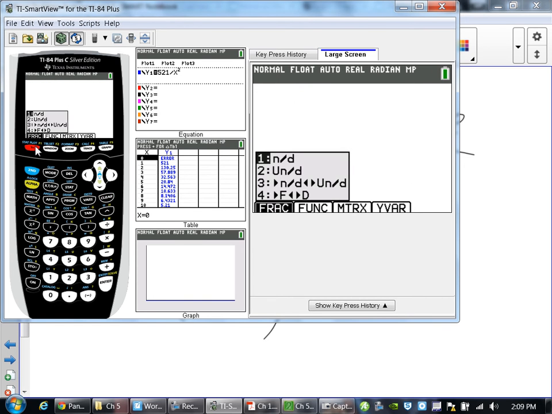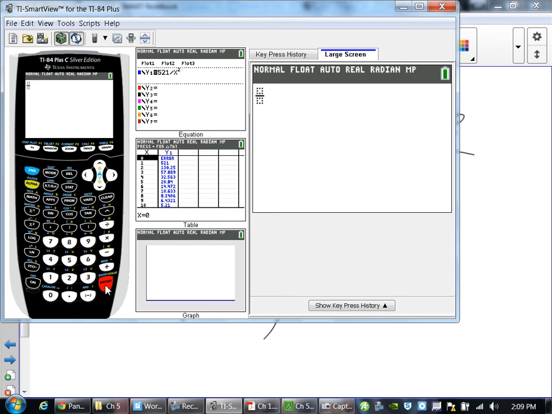Alpha y equals, enter, negative 69 over 9, move over to the right, plus alpha y equals, enter, 100 over 81. Bada bing, bada boom. Negative 521 over 81.